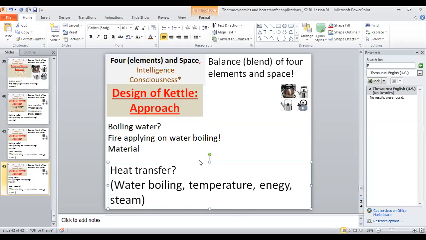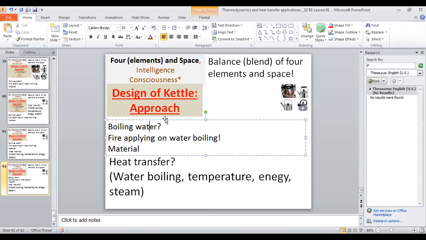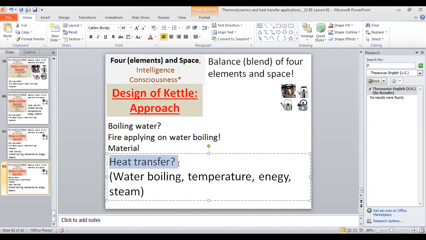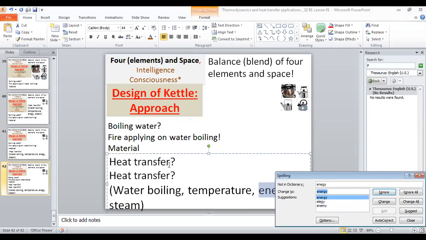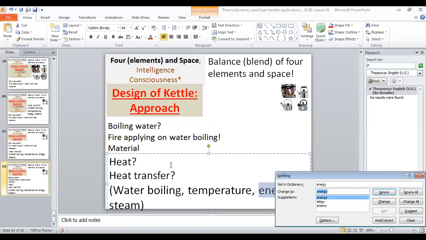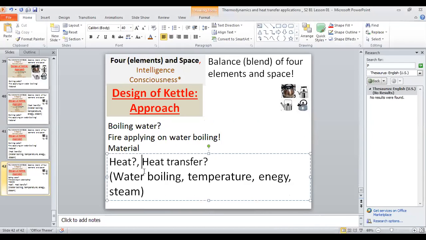Not the wordings, but connect this to your basic knowledge. What is heat transfer? And also you have to understand what heat means. Generally, when it comes to heat, that is about heat transfer.